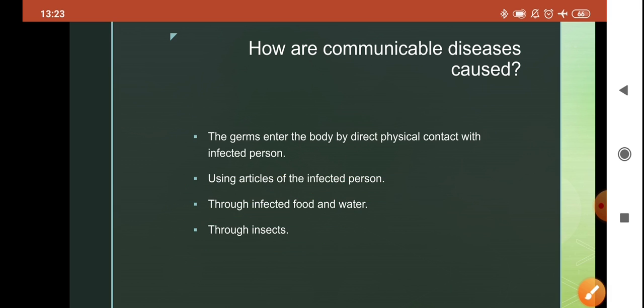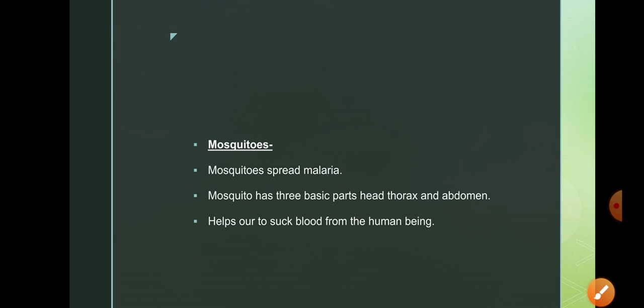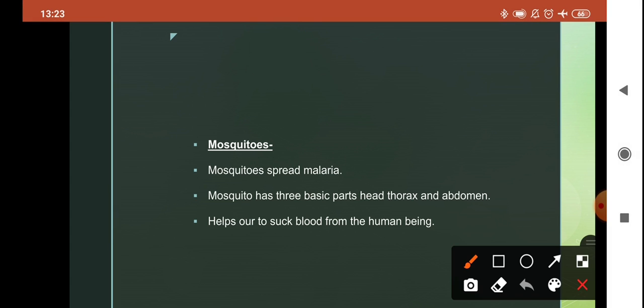In this, first of all, we'll understand about the diseases which are spread by mosquitoes. Mosquitoes spread diseases like dengue, malaria, etc. Now, let us first understand what is the body structure of a mosquito, or how does a mosquito look like. So, mosquito, basically it spreads malaria, and it has three basic parts. Now what are these three basic parts?